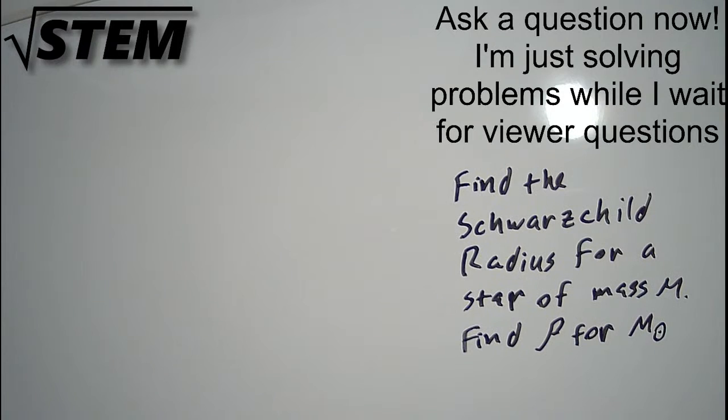I had to turn off the mic for a sneeze. Find the mass density for our solar mass in its, I'm just going to call it SCH radius. Okay. So, I think I have an idea of how to do this.